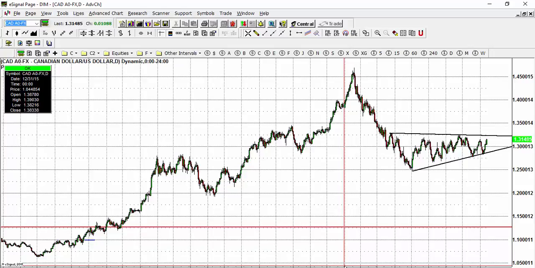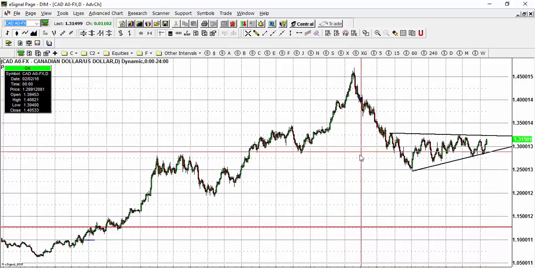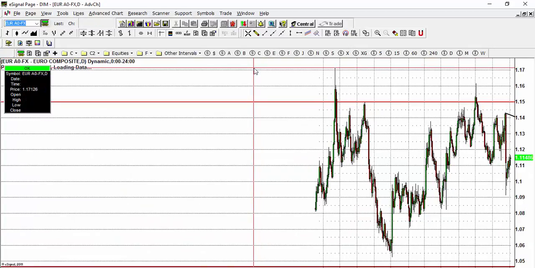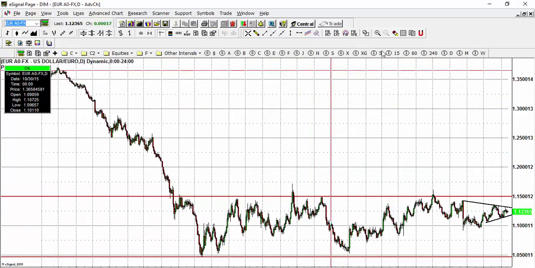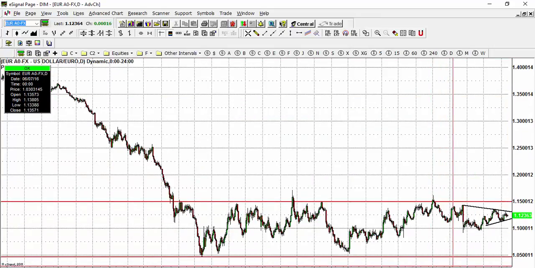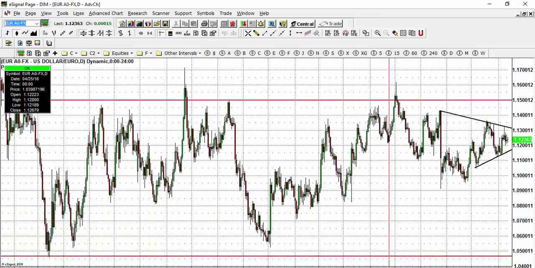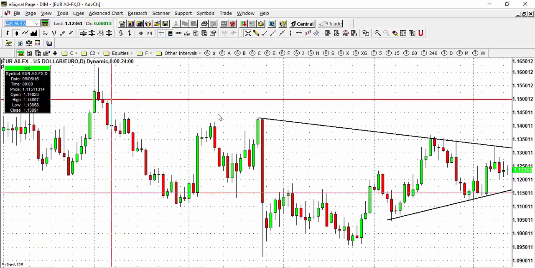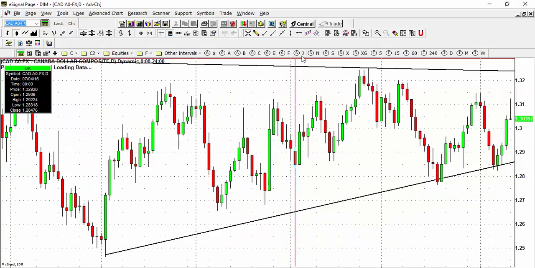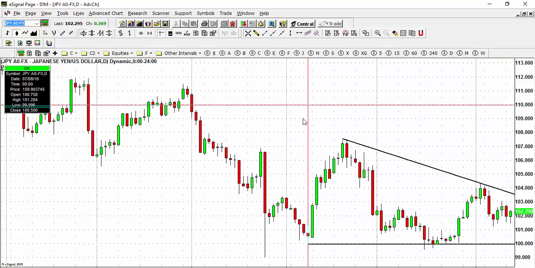So that's what we're looking for in the currencies today, and we are going to see if we continue to get US dollar strength. We're seeing US dollar strength across the major currency pairs except the euro this morning. The euro is holding its own, but we're down. The US dollar is down against the British pound, the Canadian dollar, the Japanese yen this morning.